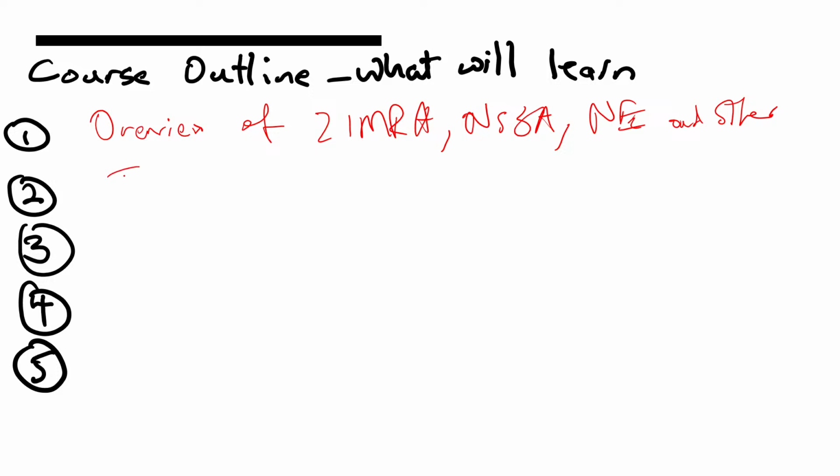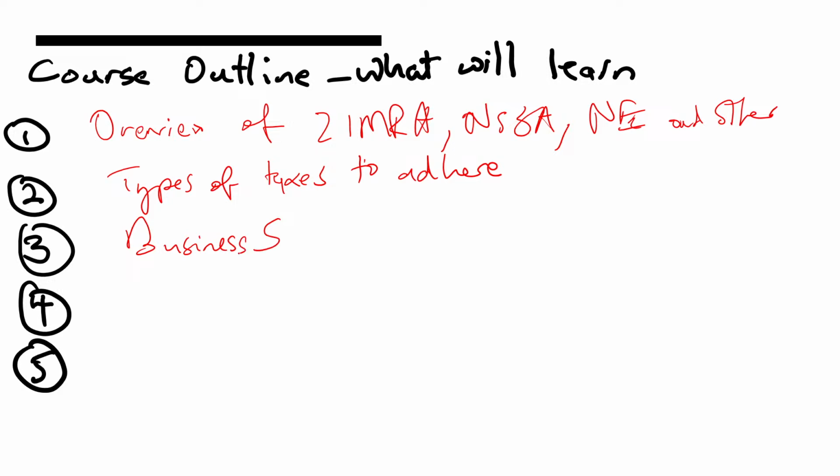Then also we'll talk about the types of taxes that you need to adhere to as a business owner, and that you need to know, and the levels and the states in which you need to register them. Then also we'll do the business structures and their taxes. How you register your business has an effect on the tax obligations that you enjoy.